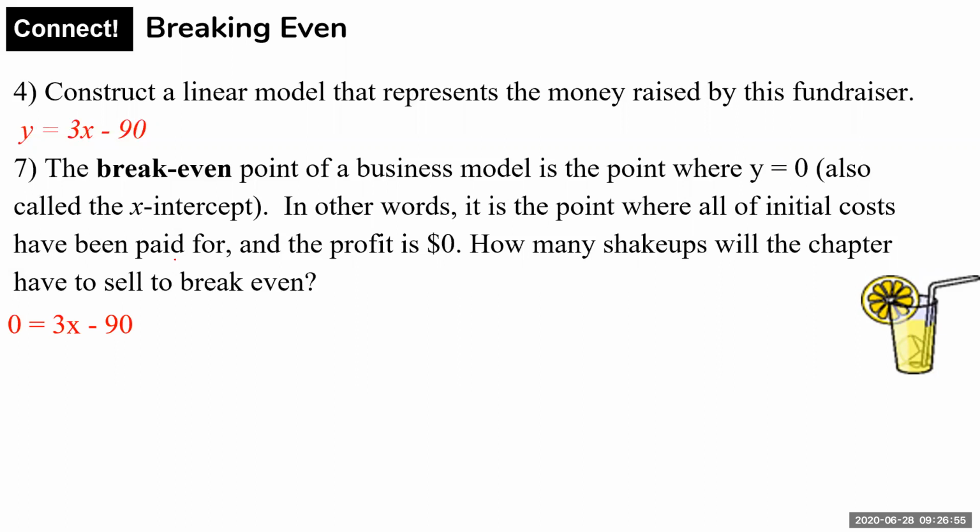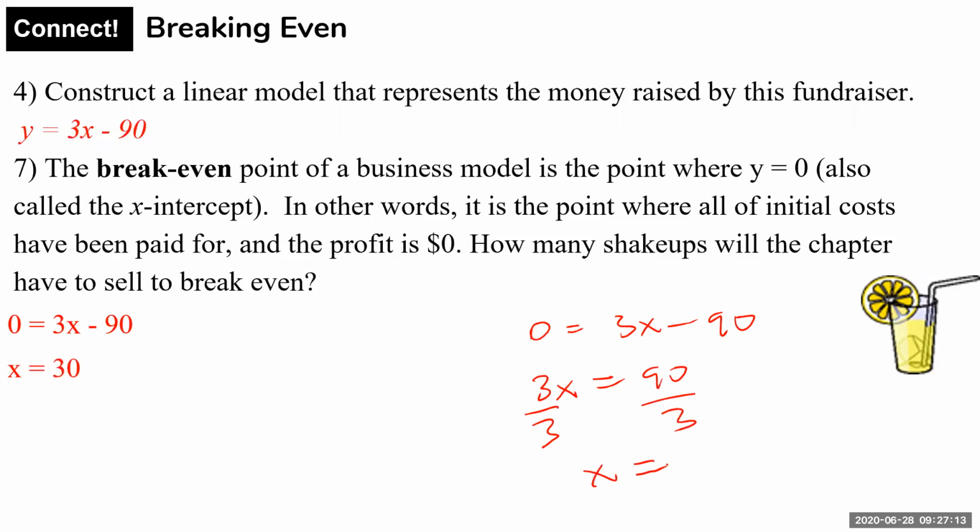Now we have to let our y be equal to 0, because y is equal to 3x minus 90, okay? And 3x will be equal to 90. We divide by 3, divide by 3. So our x should be how many shakeups? 30 shakeups.